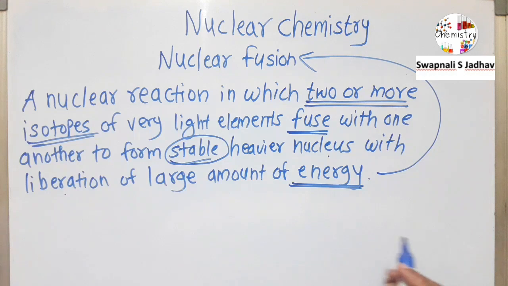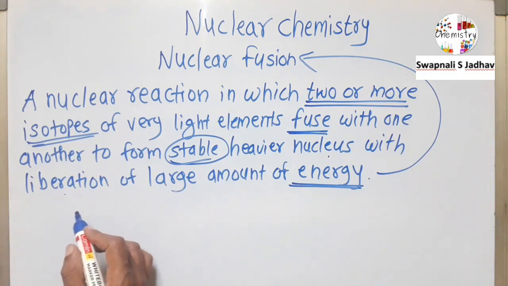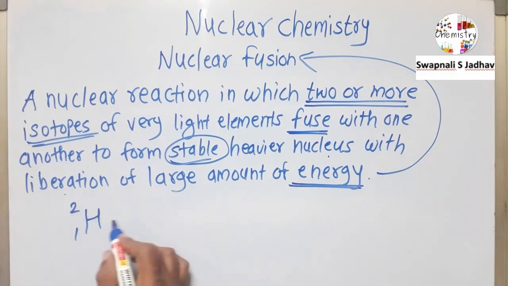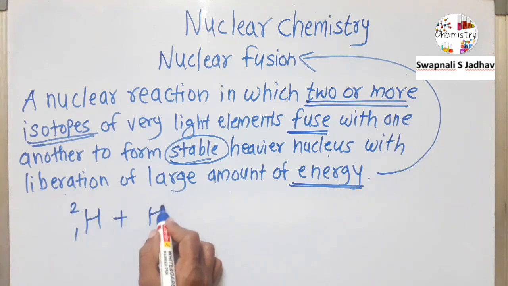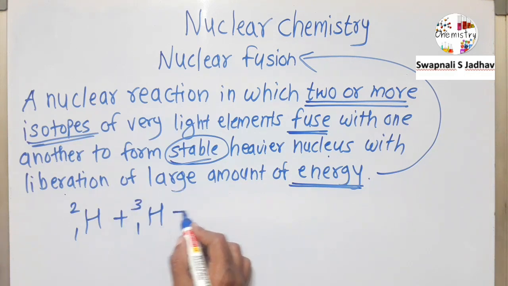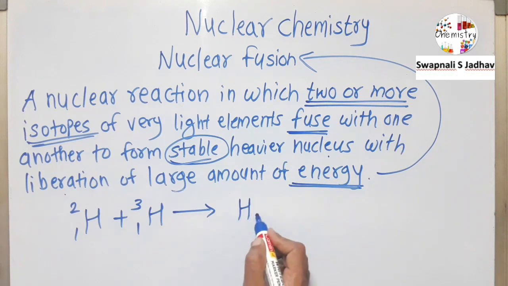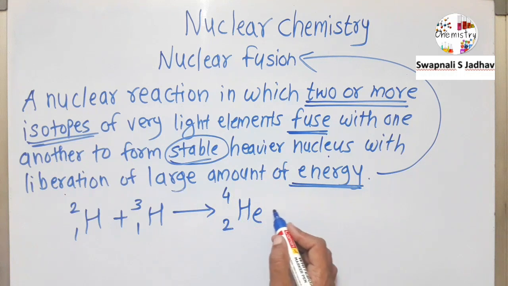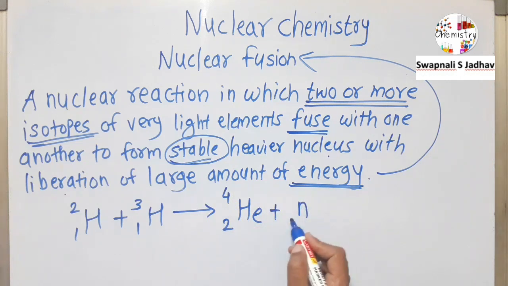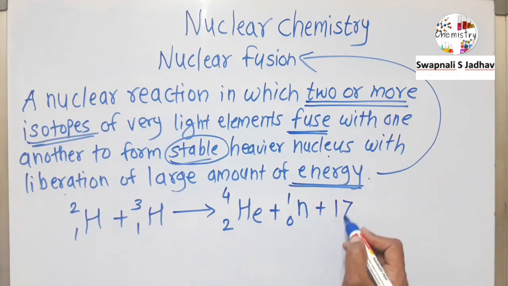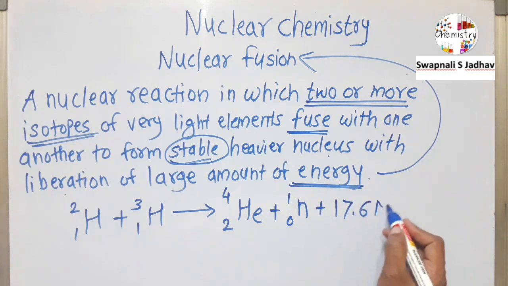Okay, so we see one example, that is for example when H12 means which one? Deuterium fuse with H13 that is tritium, then there is formation of stable heavier nucleus that is He24 helium nucleus with emission of one neutron and liberation of 17.6 million electron volt energy.